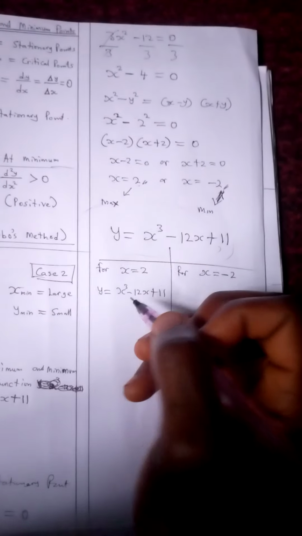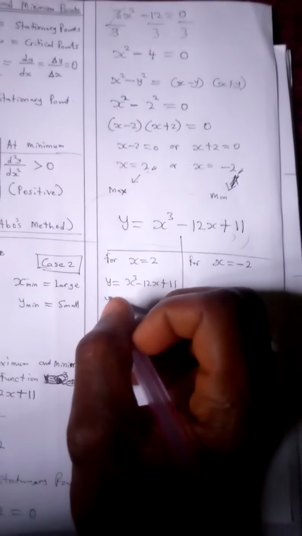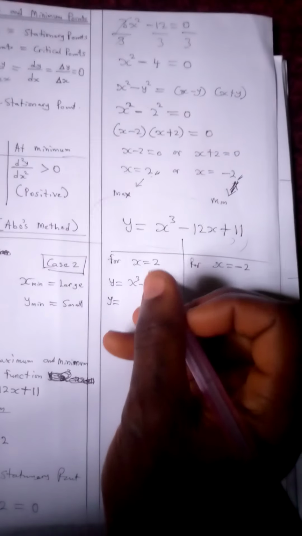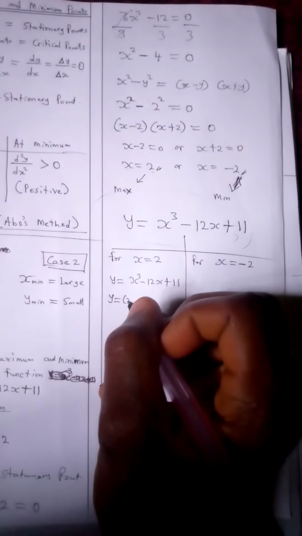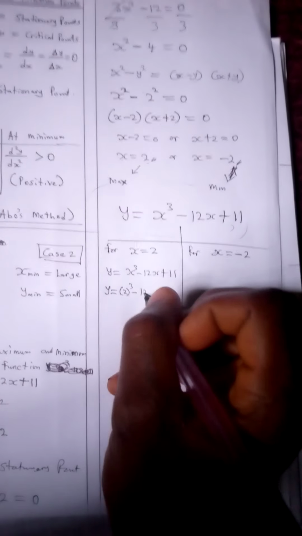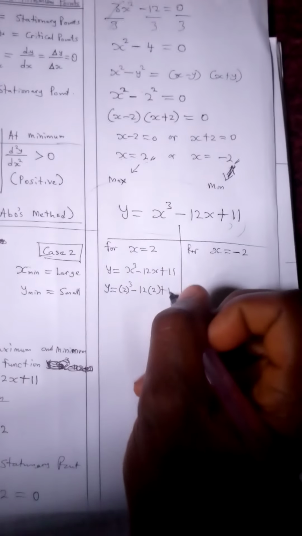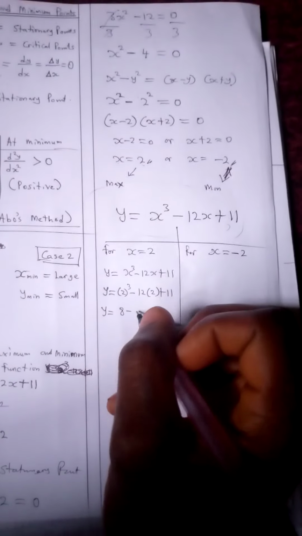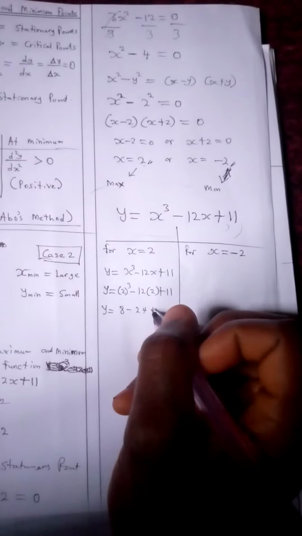When we substitute, anywhere you see x, you replace it with 2. That will give you 2 cubed minus 12 into 2 plus 11. So y will equal 8 minus 24 plus 11.